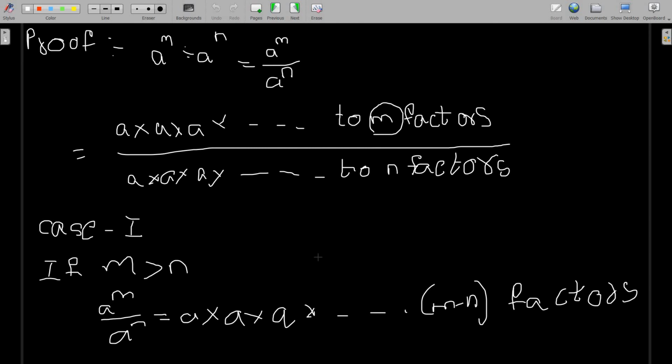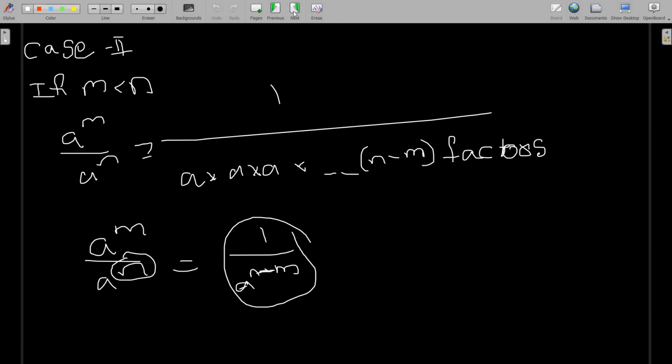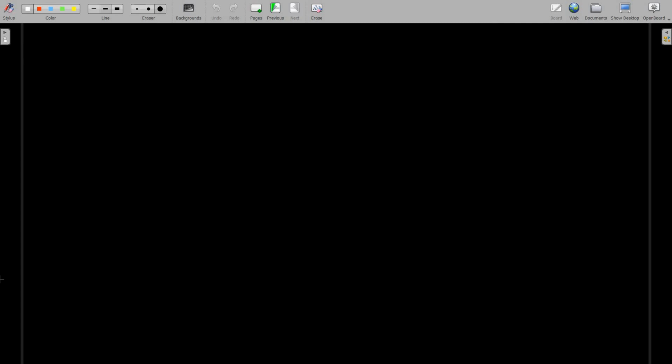Case 1: a power m by a power n equals a power m minus n when m is greater than n. But if m is less than n, then it equals 1 by a power n minus m. So we know the division property now.